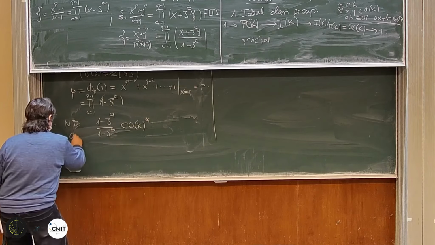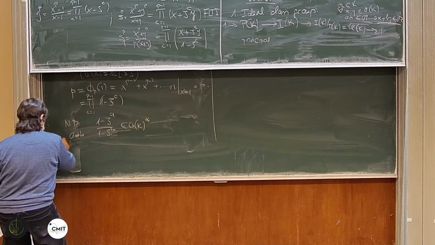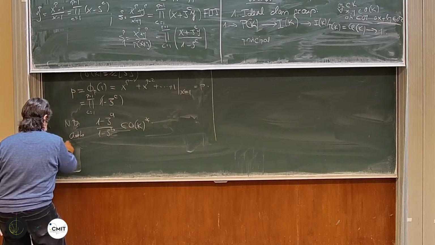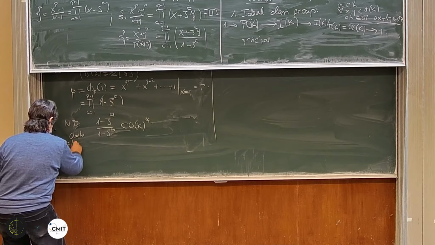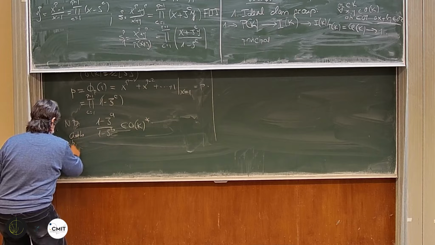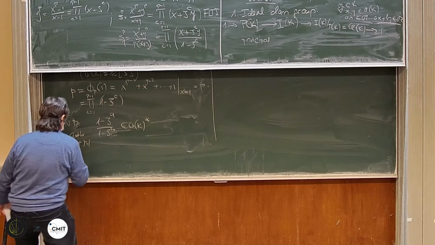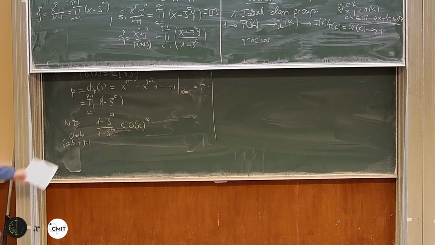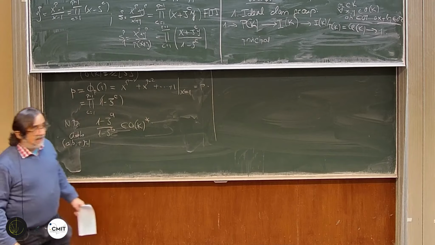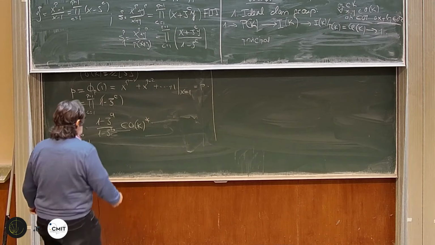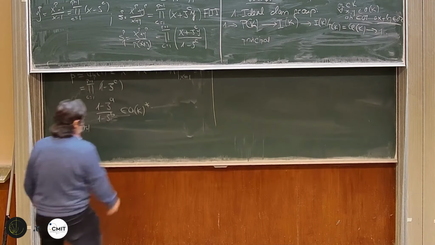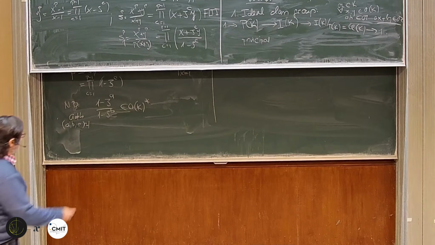For any A different from B and coprime to p, 1 minus theta to the A over 1 minus theta to the B is invertible. Why?